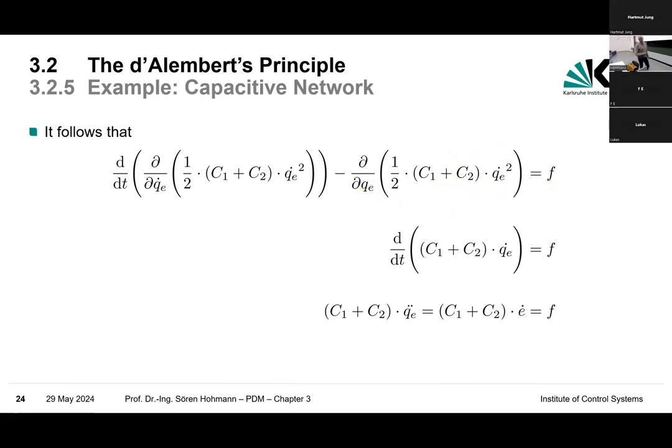And the first one is a simple derivative with respect to QE dot, which obviously gives this expression, C1 plus C2 QE dot, and this has to be derived once with respect to time. I get QE double dot. And this equates to 0, so obviously C1 plus C2 E dot is equal to F. Not very surprising. We can check whether this result is what we should have expected from our electrical engineering experience.